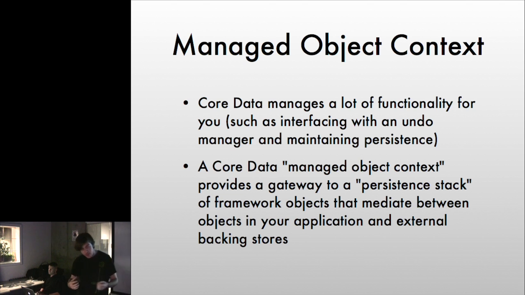As Apple puts it, the managed object context is your gateway into this great big stack they call the persistence stack, which is a collection of framework objects that act as intermediaries between the actual Objective-C objects in your code and the underlying backing store on disk or whatever. So there are several layers of abstraction between those two, and the managed object context is the top-level entry point into this stack of increasing abstraction down toward persistence.